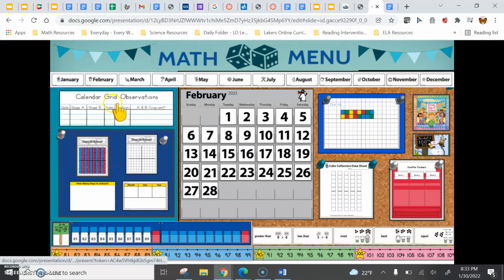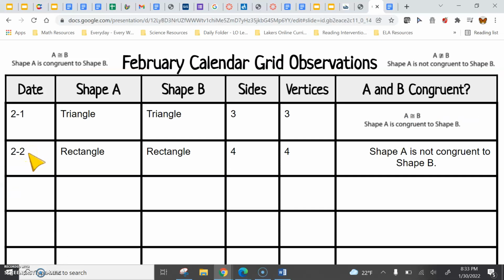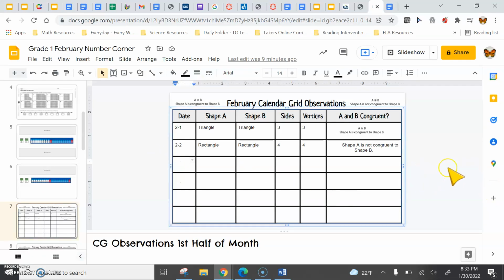Let's go to our calendar grid and add that information in for this day. Today is the 3rd of February, and we had rhombuses, and each rhombus had 4 sides and 4 vertices.